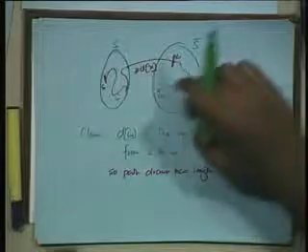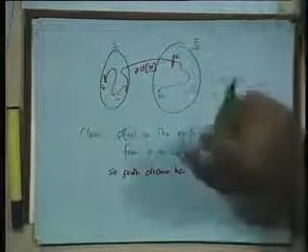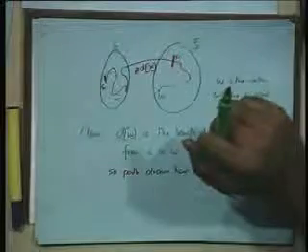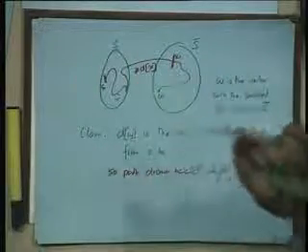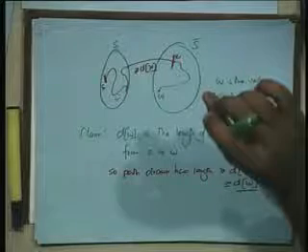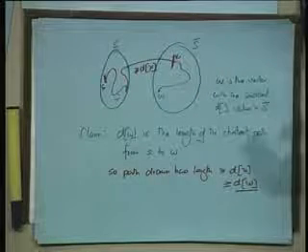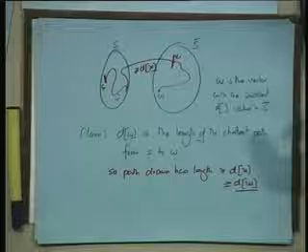So, there is no path to w which is smaller than length d of w. There is no path at all possible.